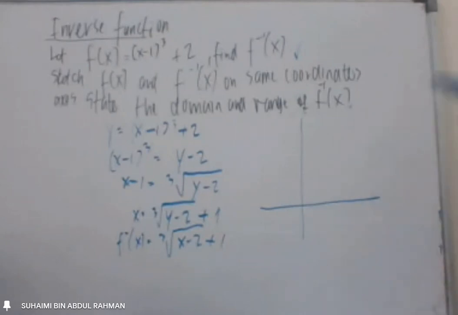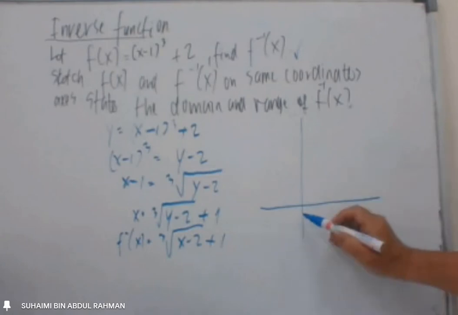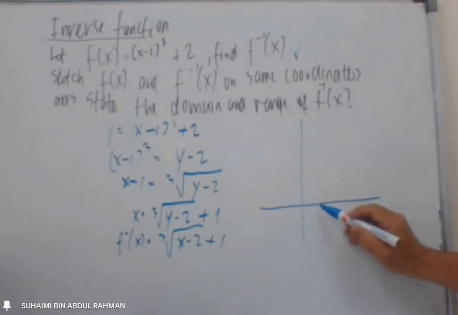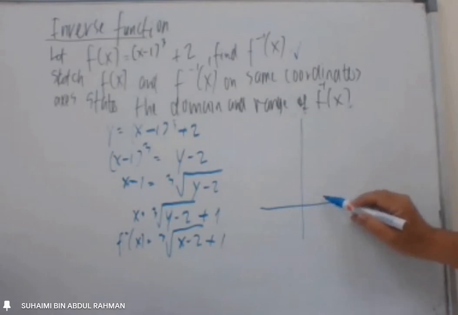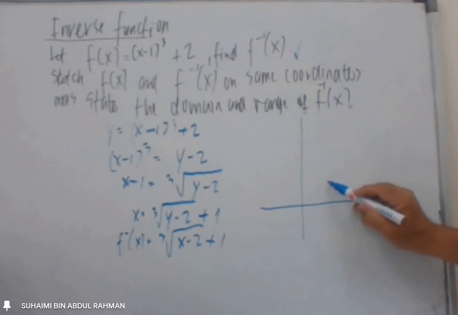So the point (0, 0) will go to the point (1, 0), and then we shift up 2, so we will go to the point (1, 2).